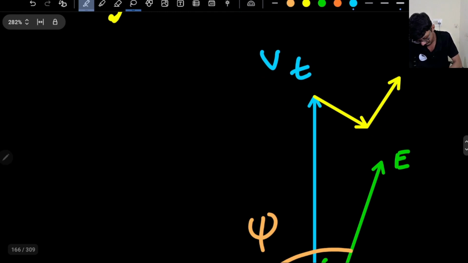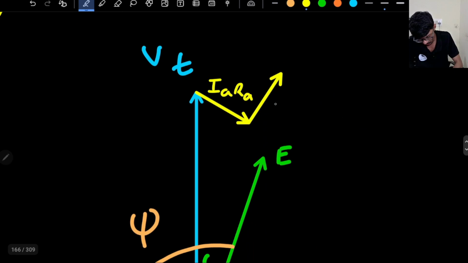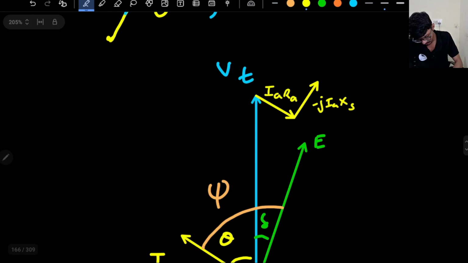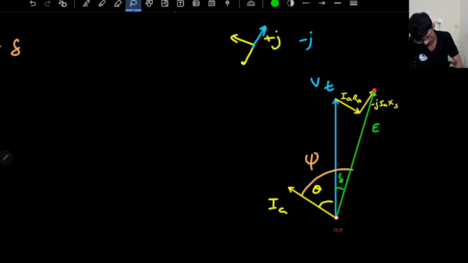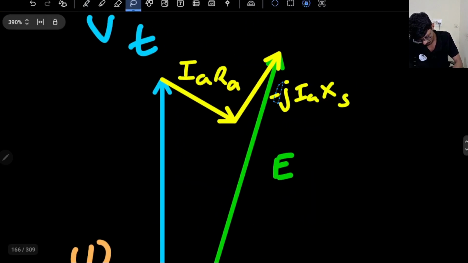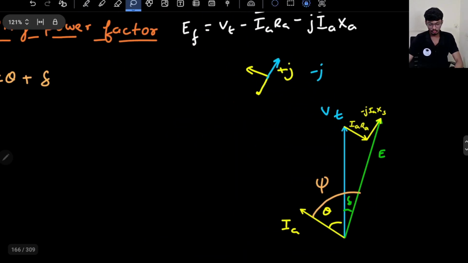So this will be I_a R_a. This will be minus j I_a X_s. Right. Now the combination of these two will be basically my E. Right. So what will be the values basically?